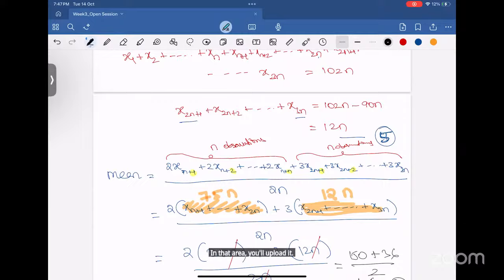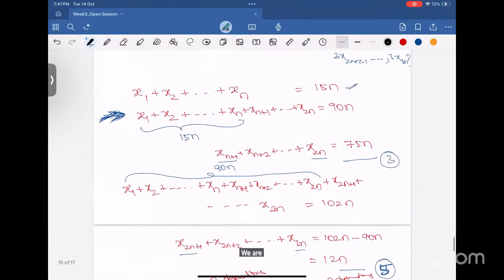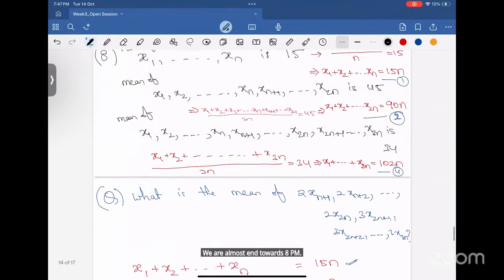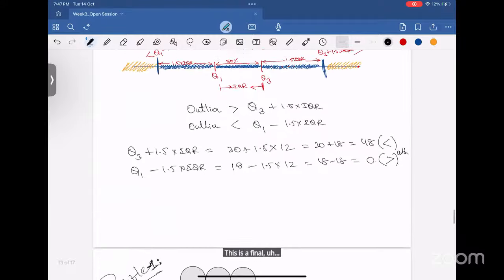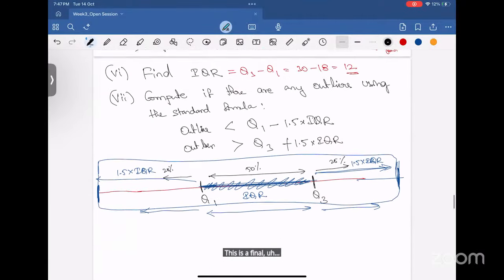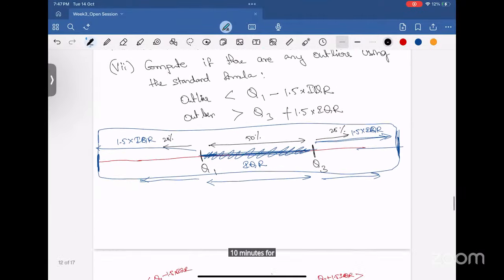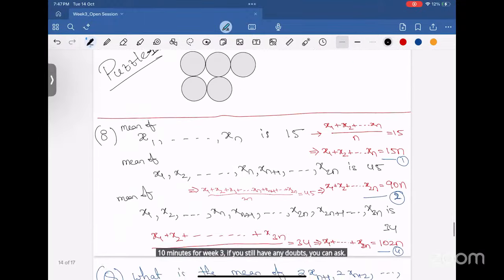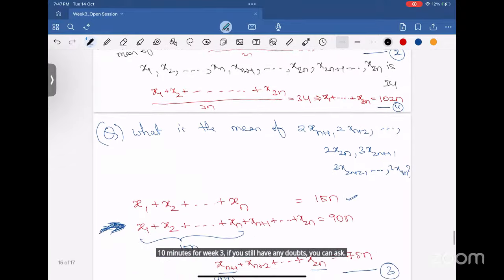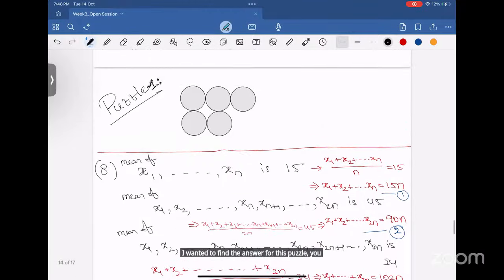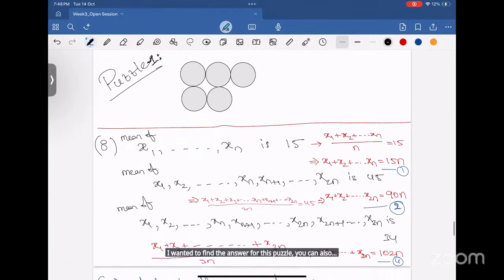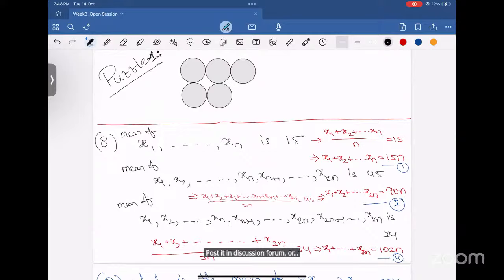All right, so we are almost at the end, towards 8 p.m. This is the final 10 minutes for week 3. If you still have any doubts, you can ask. Or if you find the answer for this puzzle, you can also post it in the discussion forum or Discourse if you are foundational.